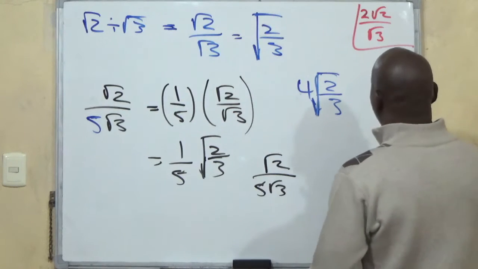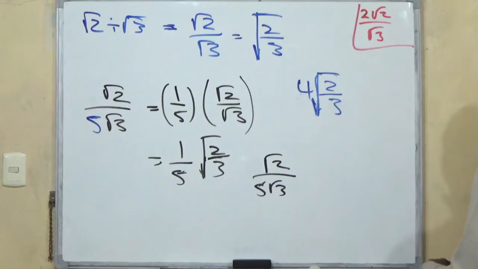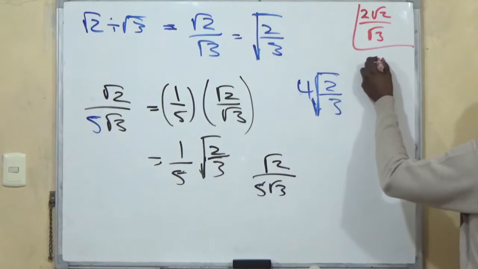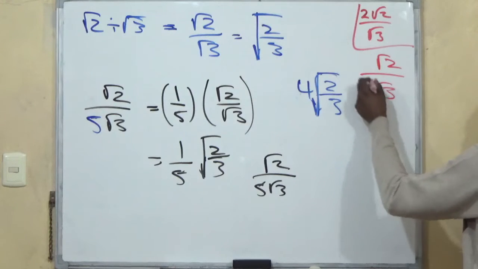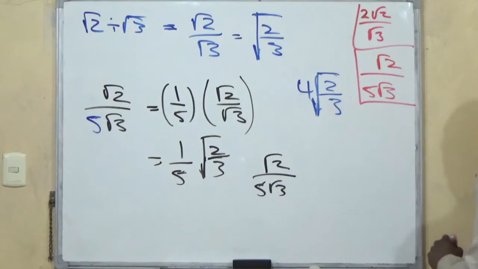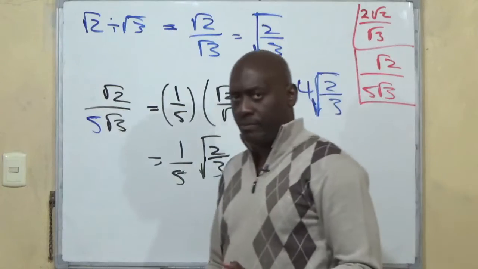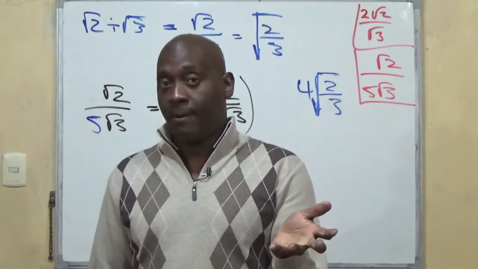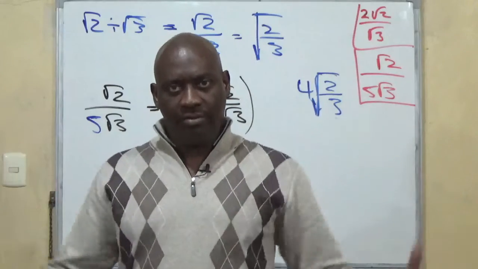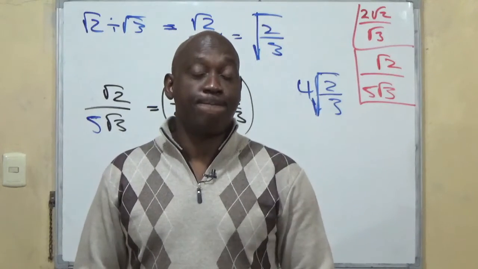You might want to say root 2 over 5 root 3. We come into that in a little bit. So you can have two simple surds divided by each other, which will just give you a whole fraction under the square root sign.